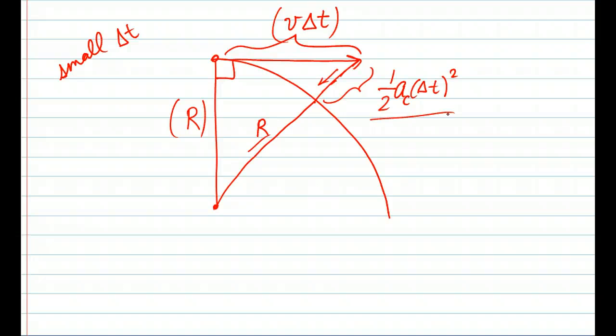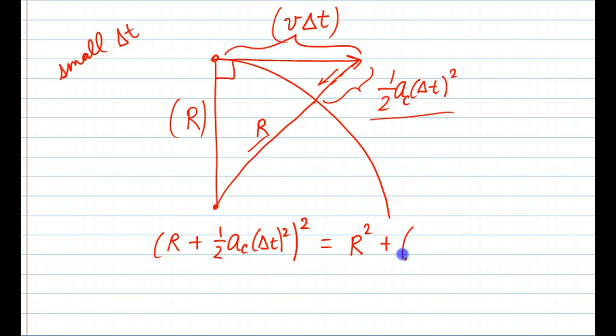So I just set up the Pythagorean theorem, and so I have the hypotenuse, which is r plus 1/2 a_c delta t squared. That whole thing is squared in the Pythagorean theorem. One leg is r squared, and the other leg is v delta t squared.